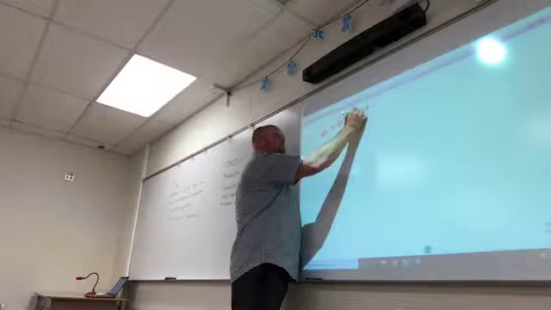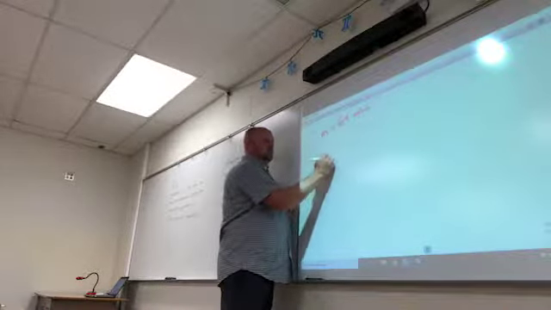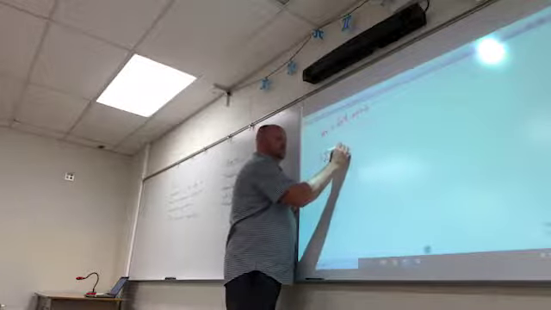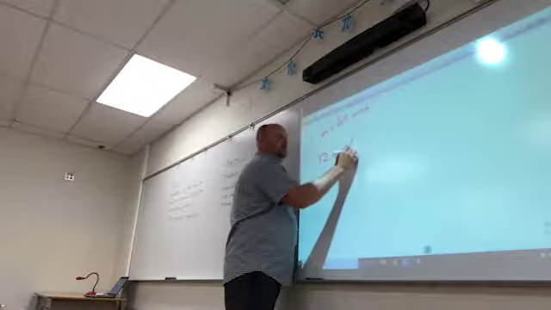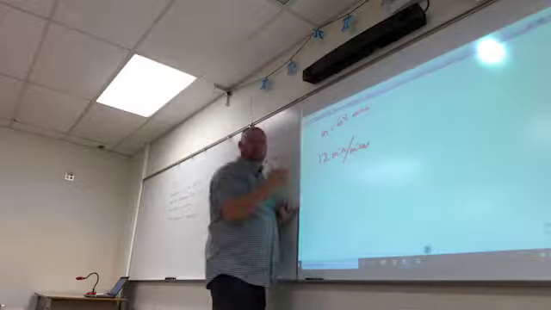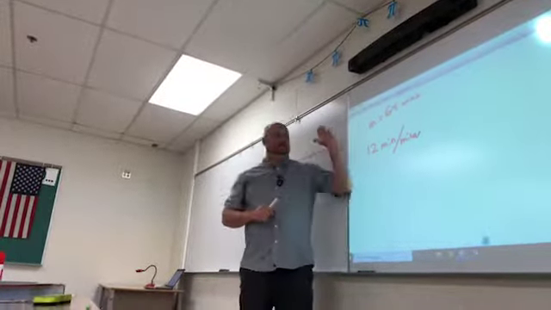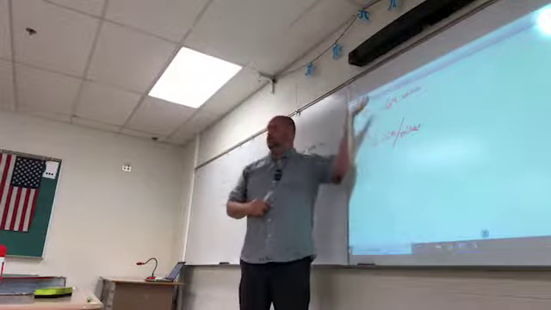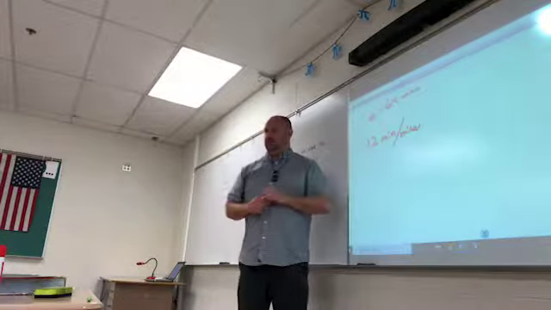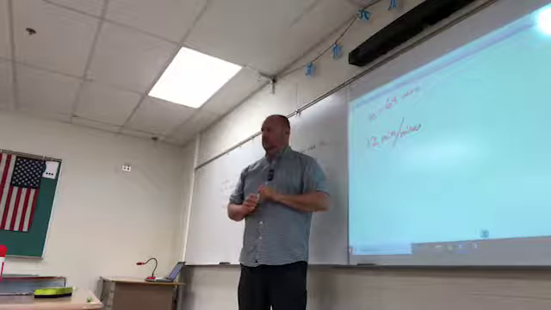He runs 12 minutes per mile, so every 12 minutes he runs another mile. He ran for 64 miles. What would you do with the 64 and the 12? Add, subtract, multiply, or divide?